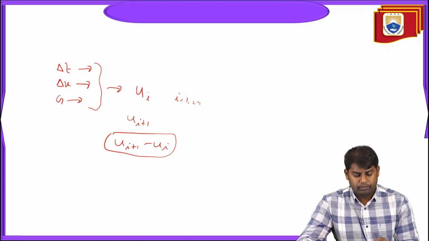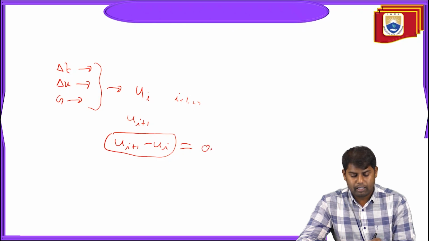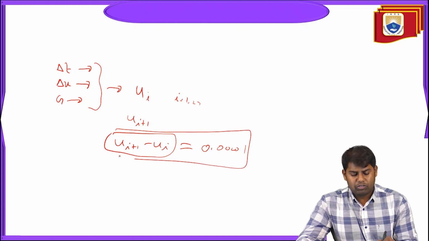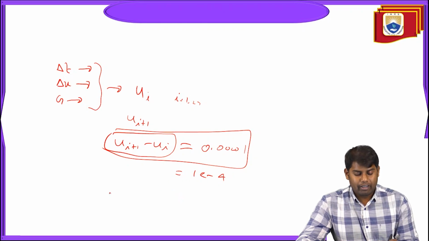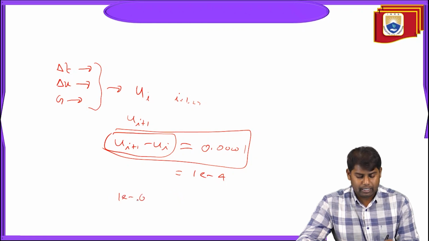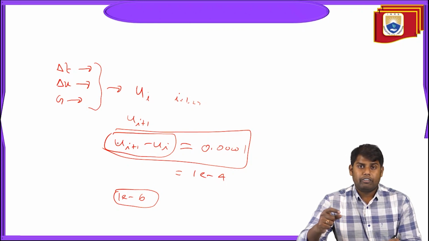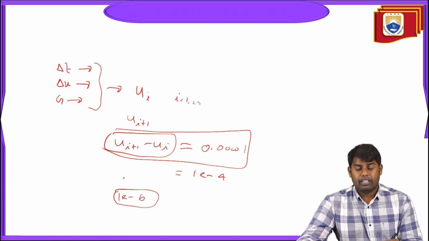So when the error between these two is less than, let's say, 0.0001, we will stop the simulation. Let's say it has come as 1e minus 4. So our convergence criteria is 1e minus 6. Then simulation results will not change. So the meaning is the difference between the current and the previous values. If the value is less than 1e minus 6, then you will stop the simulation. We say that convergence has been reached.